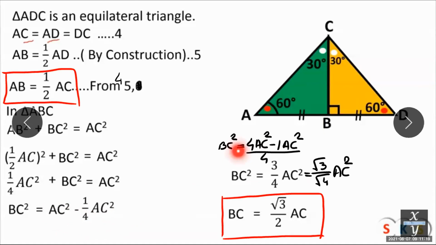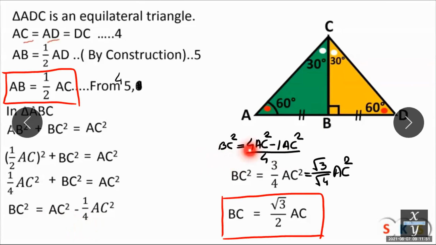Here you can see 4 AC square. And this denominator is 1, so 1 into AC square, that is 1 AC square. And the denominator will be 4, since 4 ones are 4. So that will be the step: BC square equal to 4 AC square minus 1 AC square divided by 4.